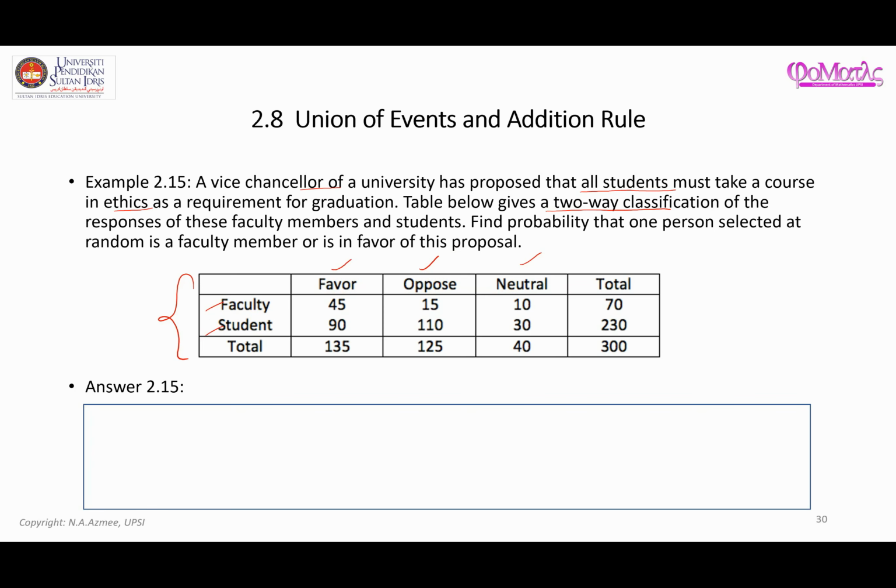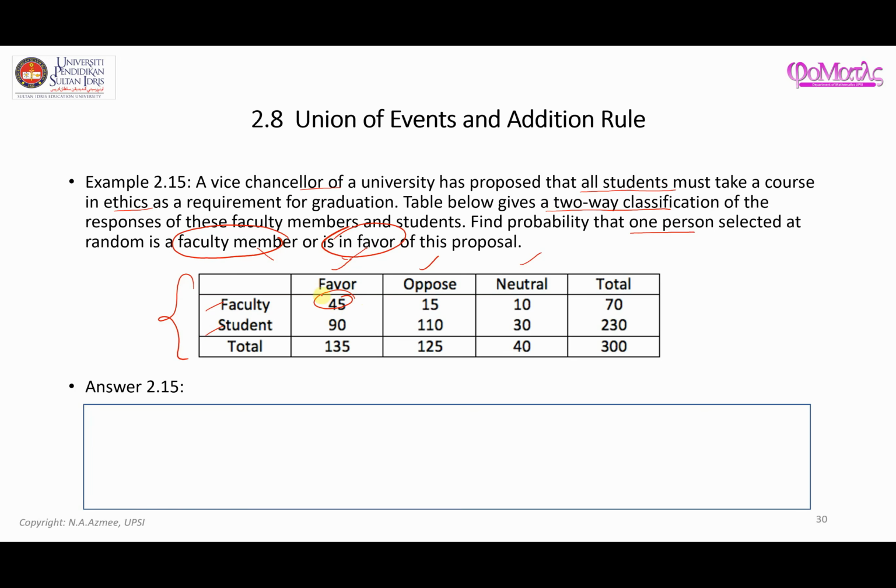And the question is asking you to find the probability that one person selected at random is a faculty member or in favor of the proposal. You can see clearly that in this example here, there is an intersection area between faculty member and those that are in favor.